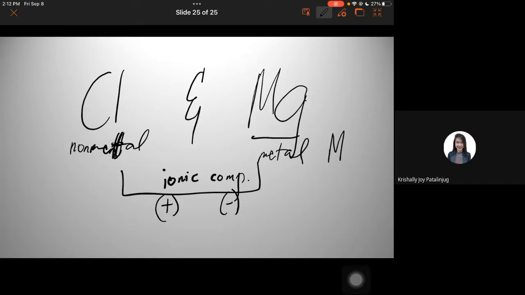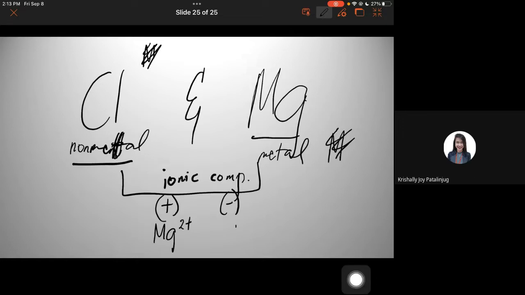Or you recall the cation form of magnesium. Di ba, magnesium is Mg2 plus. That's the order, right? The cation comes first, followed by an anion. We discussed that earlier. Then the non-metal will follow, which is the anion.